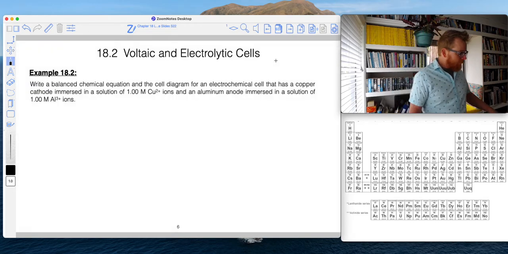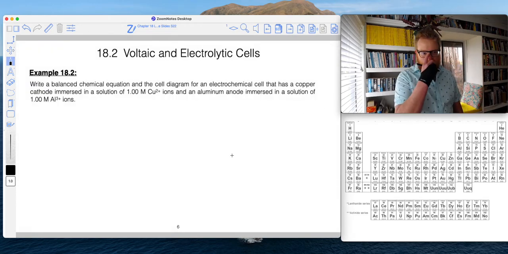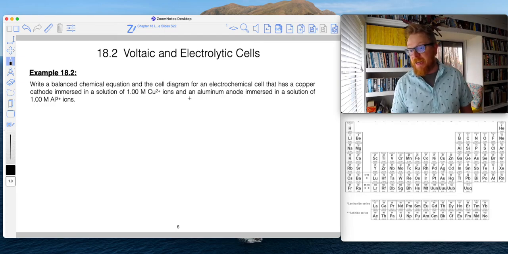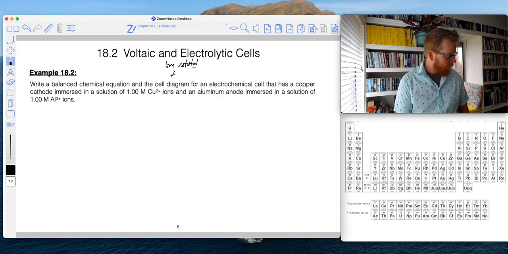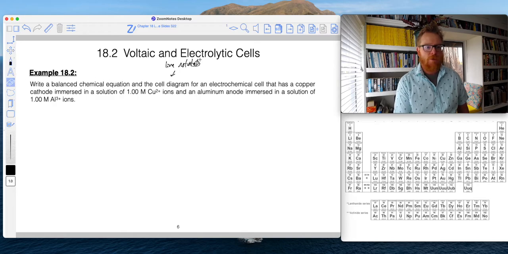Okay. So write a balanced chemical equation and the cell diagram. So cell diagram is another way of saying the line notation. So let's note that. Line notation.